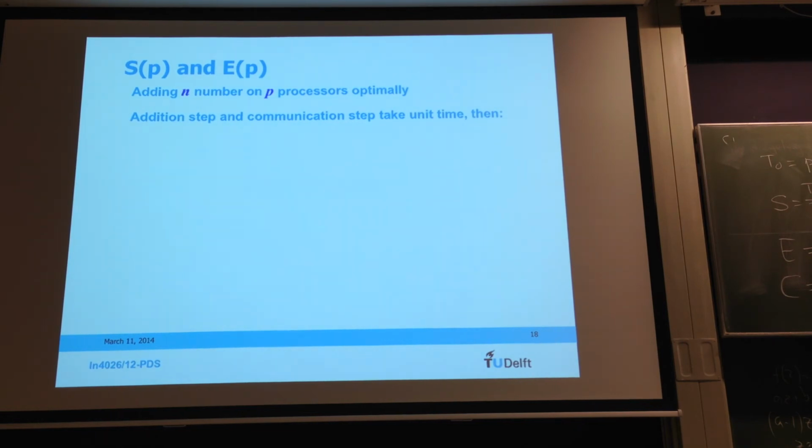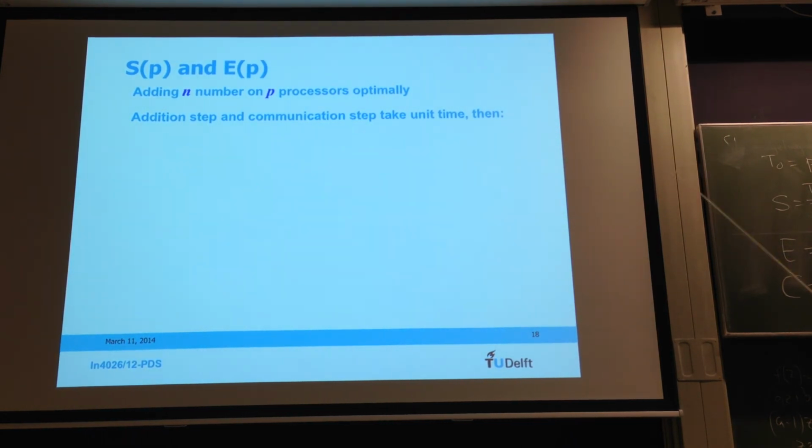Let us go a step further and take again the example of adding n numbers on P processors in an optimal way and assume that each addition step and each communication step take unit time. So whether we do a communication step or an addition step, it still takes unit time.